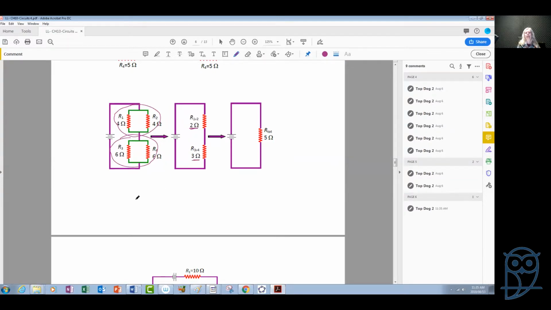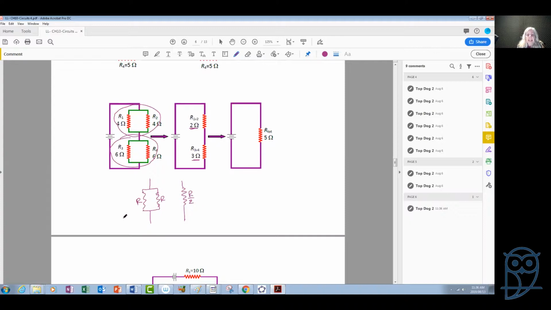By the way, if we have 2 resistors in parallel which are equal, say R and R, then the equivalent resistance of those two is always half of either of these resistors. So the equivalent is one resistance with a value of R over 2.